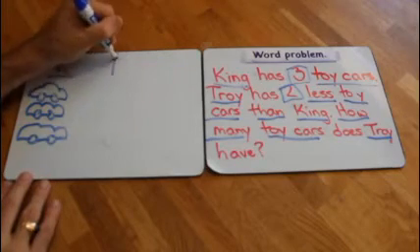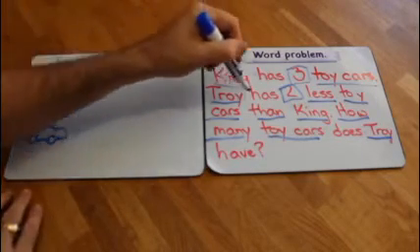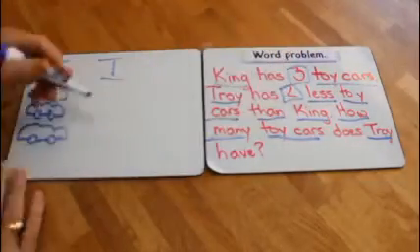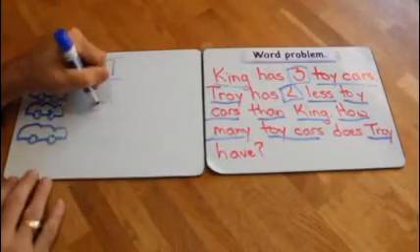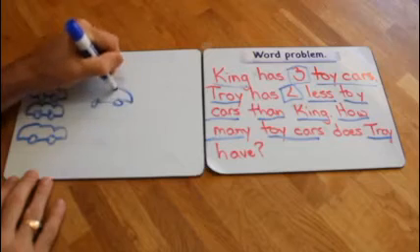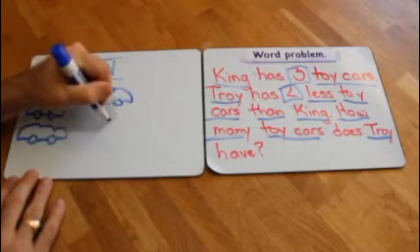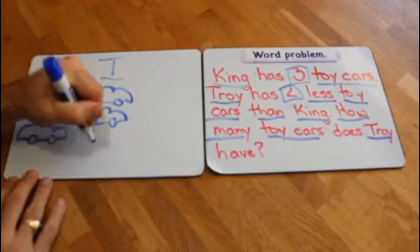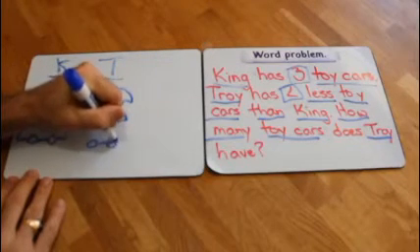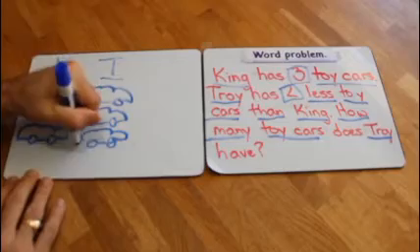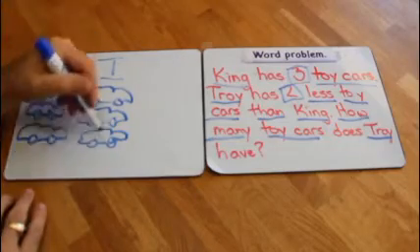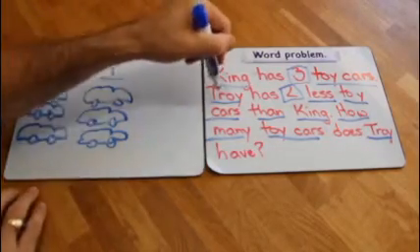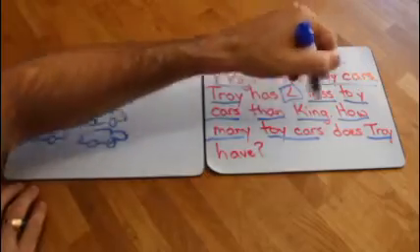So our friend Troy, it says, has 2 less toy cars than King. So let's start with the same as King. Got our 1, 2, okay, 3. So now Troy's got the same as King, but it says Troy has 2 less toy cars than King.